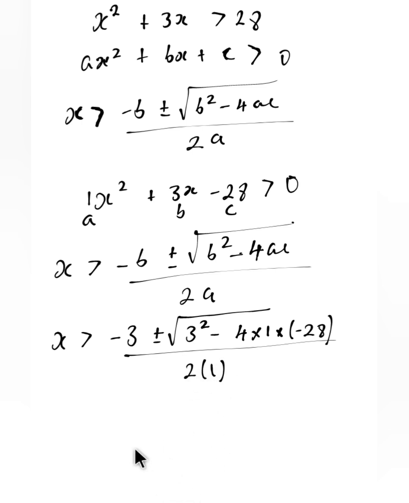So we're going to simplify this equation down. We have x is greater than minus 3 plus or minus the square root of 9 minus 4 times 1 times minus 28. Of course, minus times minus is plus. So 4 times 28 is 112.